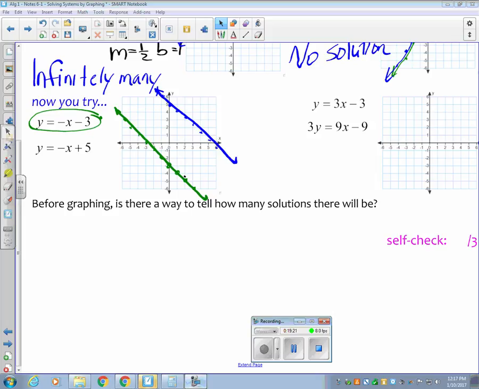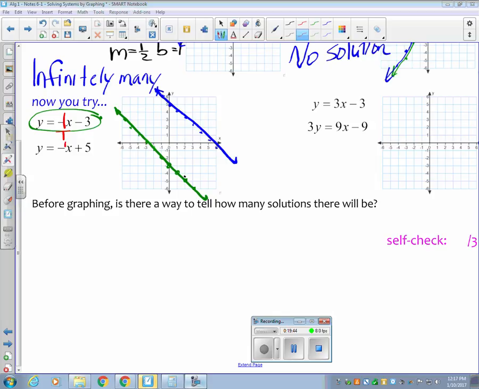All right, for the first one, we can see that the green line starts at -3, and the slope is down 1 over 1, because when we don't have a number in front of x, it is the number 1. And when we have the whole number 1, we just put that over 1, and we can see that we go down 1 over 1.